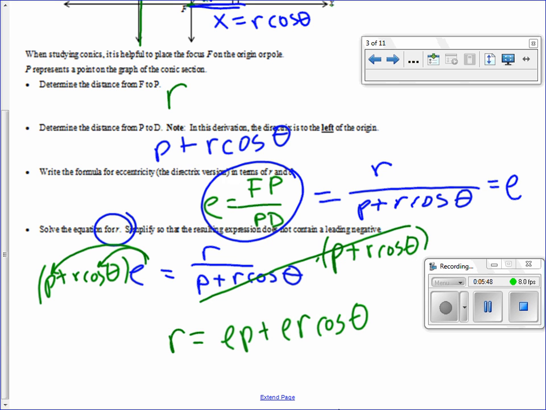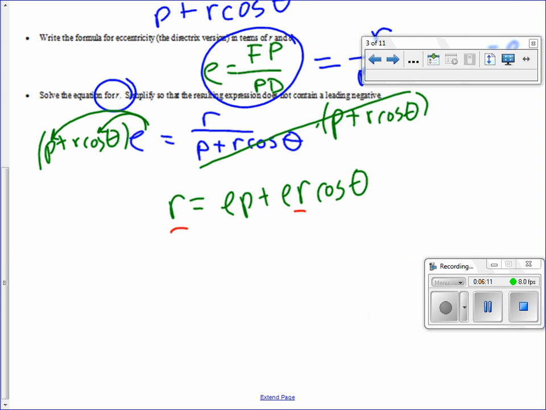There's the R that the whole thing equals, and there's an R in this second term over here, ER cosine theta. So when you're solving for a variable, it can only appear once. So what we're going to do is put both R's on the same side of the equation, so that everything that has an R is on the left and everything that doesn't have an R is on the right. So I'm going to move this term here to the left by subtracting.